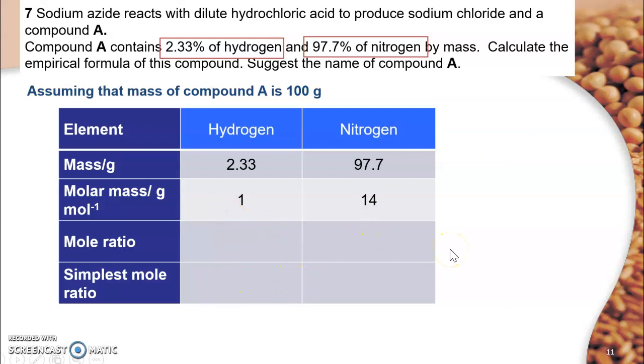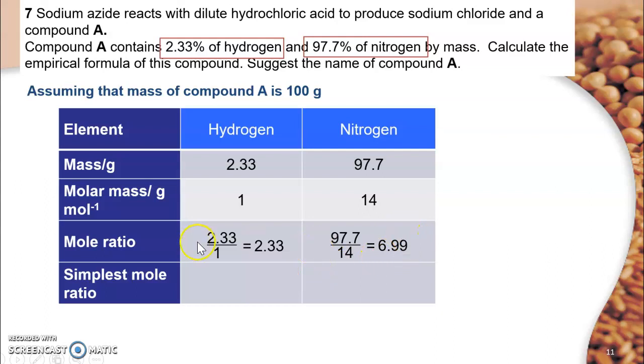Nothing is different from this example and the previous example, except that it is important to recognize that when I give you the percentage, you can directly divide it by the molar mass because we can assume that the mass of the compound given is 100 grams. After you work out, you realize that you have a not very nice number. So what can I go about doing?